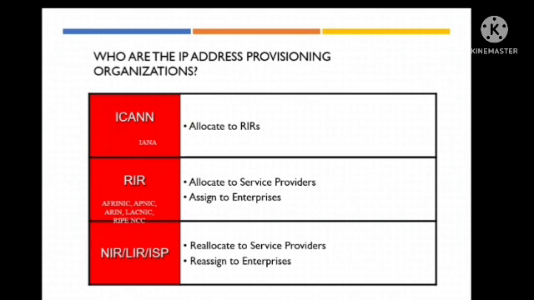Mostly the end users get IP addresses from ISPs, Internet Service Providers. In the context of Sri Lanka, we have a few ISPs, including Sri Lanka Telecom, Dialog, Mobitel, Lankabel, and some other private internet service providers.